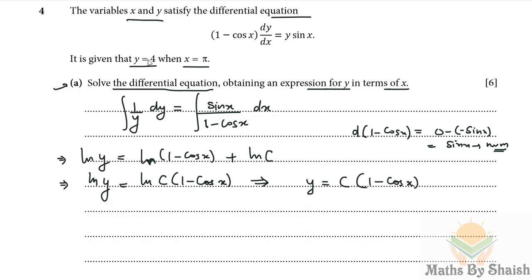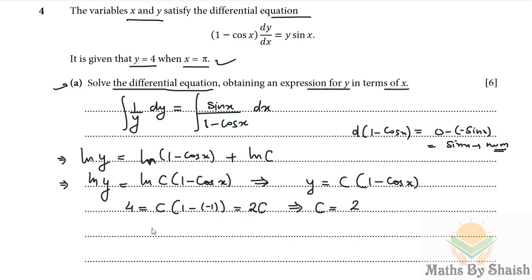And now it is given that y is 4 when x is pi, so that we can get rid of this c that is required. So we'll substitute here. y is 4 when 1 minus cos pi, cos pi is minus 1, so it becomes 2 times c, and hence the c value is 4 by 2, that is 2, and that is the solution.